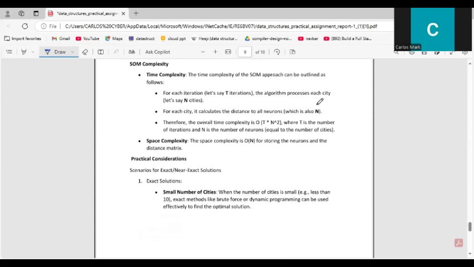Then we move on to the self-organizing map. For the self-organizing map, the time complexity is that for each city, it captures the distance to all neurons, like I've said.